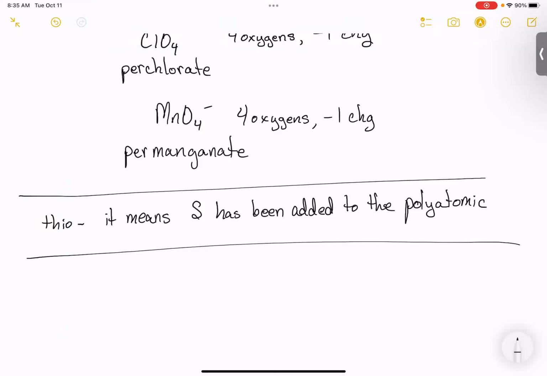Again, that list is on last week's folder. Now on that list, there are some that I've given you 2 ways to name. I did that because active learning sometimes will use the old naming rather than the IUPAC naming.